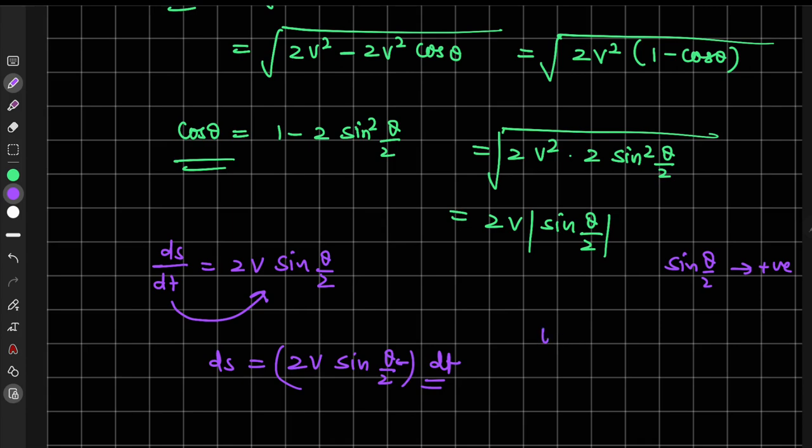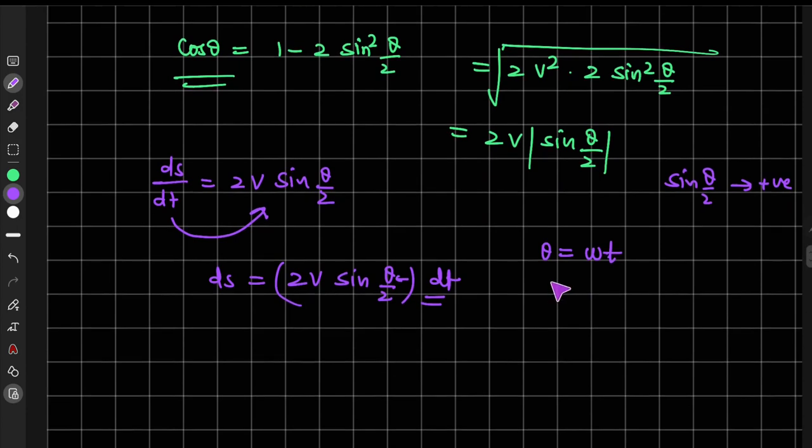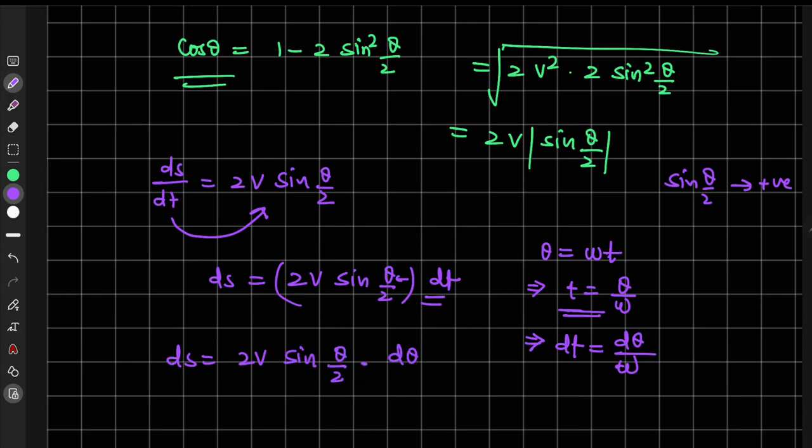So we can write theta is equal to omega into t, or t is equal to theta upon omega. Let us differentiate this, so we will get dt is equal to d theta upon omega. So from here we can write ds is equal to 2v sin of theta by 2 into d theta upon omega.